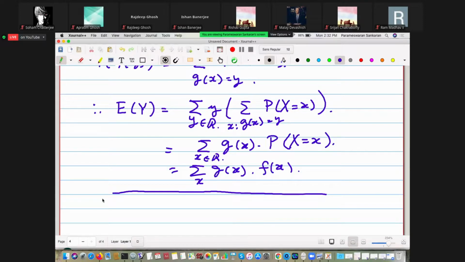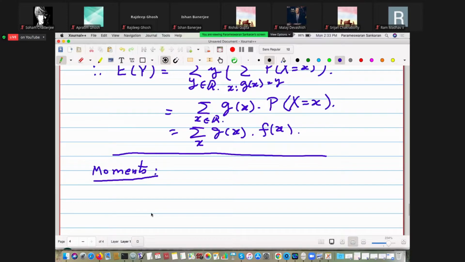So this takes us to the definition of moments. The terminology of moments comes from considerations in theoretical physics. So expectation will be like the first moment.